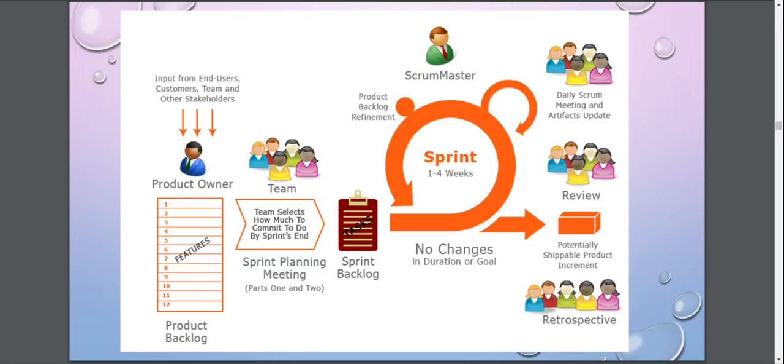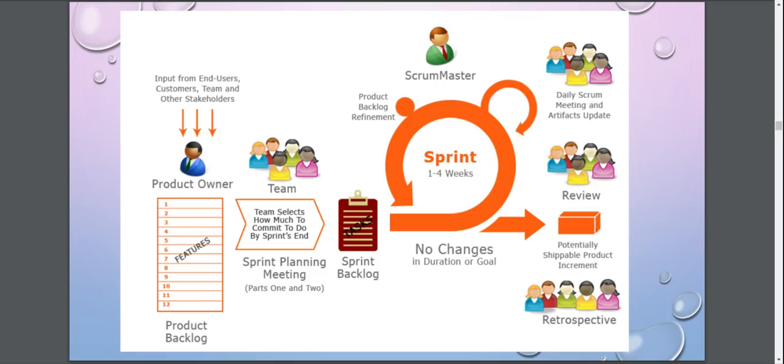So kalau you look at on this slide, Scrum Master, dia ada seorang Scrum Master, and they conduct a daily Scrum meeting and artifacts update, and then they do the review, and then they see the potential of the product, okay, and then they can proceed to the next level. So normally the duration of Scrum ni, dia punya cycle dia adalah for a small project, which actually about 1 or 2 to 4 weeks.